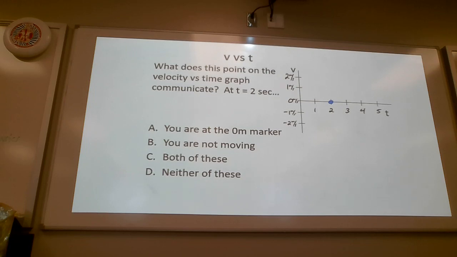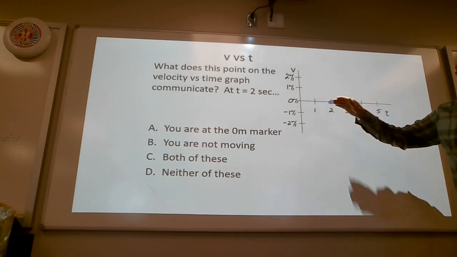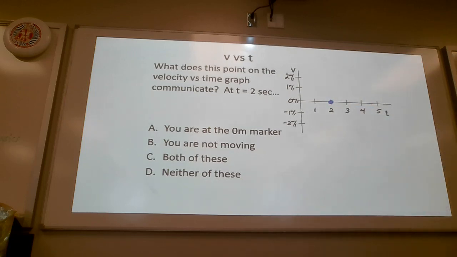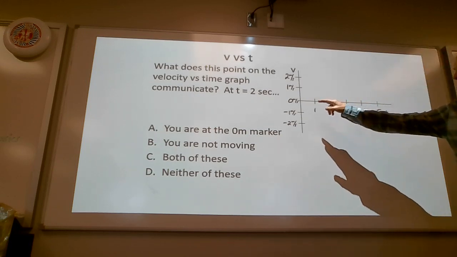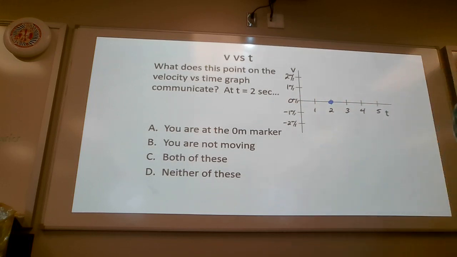Okay. Velocity versus time graph is going to tell you what your speedometer is doing and which way you're moving. Okay. Your speedometer says 0 meters a second. So you're not moving. But you don't know your location. You could be parked anywhere.